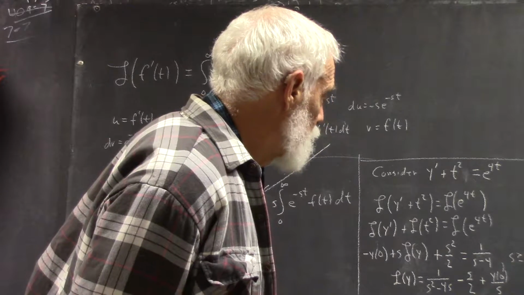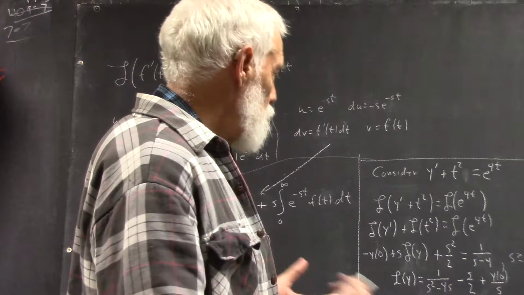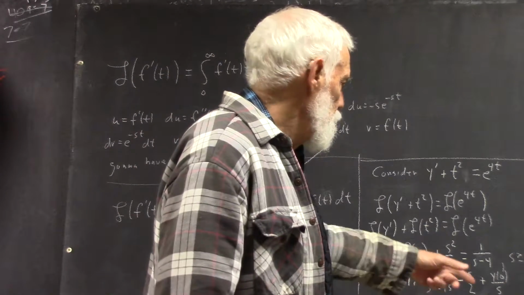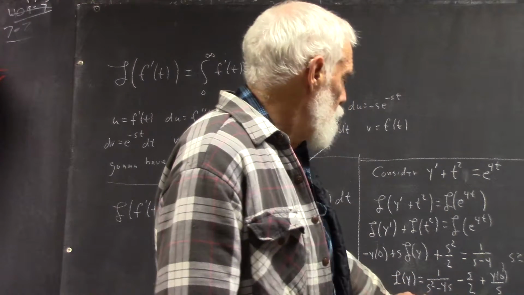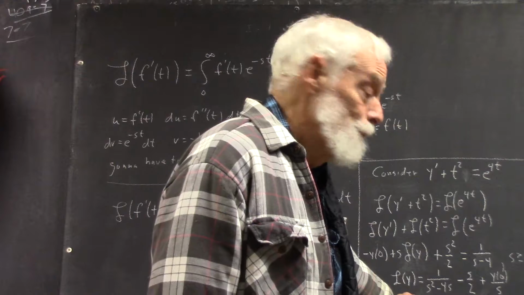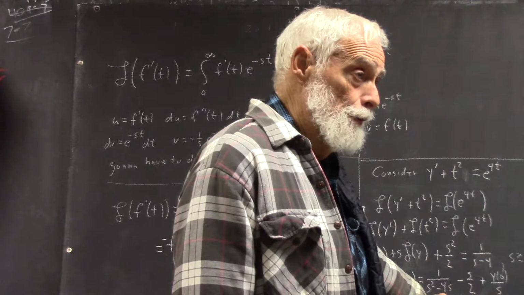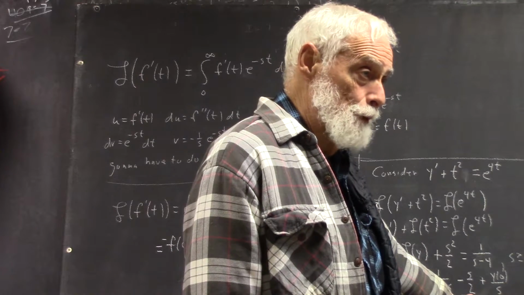So, now we haven't proven it, but the transforms are one-to-one, and you can do the inverse transform, okay? In other words, you just figure out, okay, what has this as its transform? What has this as its transform? What has this as its transform? Okay?